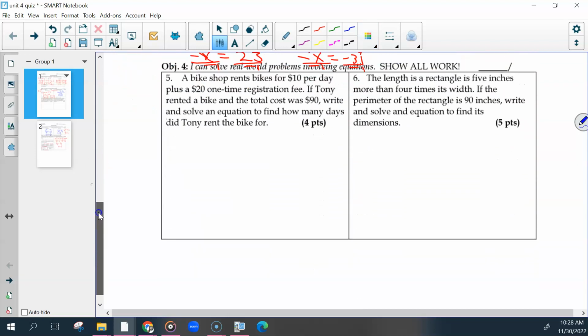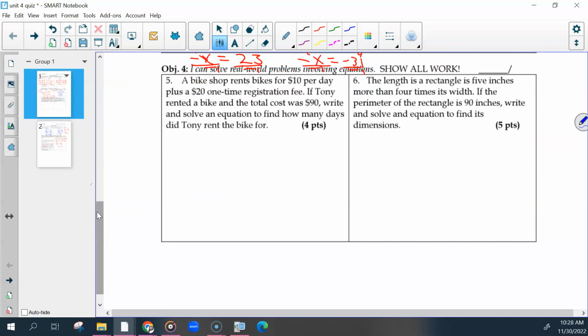And then our word problems. So, as always, underline, circle, highlight anything that's important. So for number 5, $10 per day, plus a $20 one-time registration fee. We rented a bike and the total cost was $90. We have to write and solve an equation to find how many days you rented the bike for.